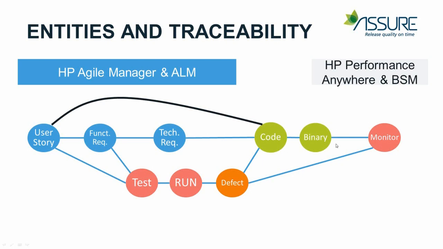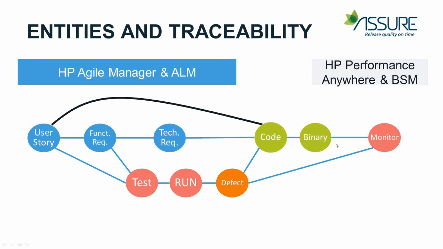So what we did first is model all of the entities that we had to work with for software development, which is what you see there, and draw the relations between those entities. This gives us a traceability map, and from there you can decide what to report and how to report, because depending on where those entities are stored, they may not be stored in ALM all over the place.